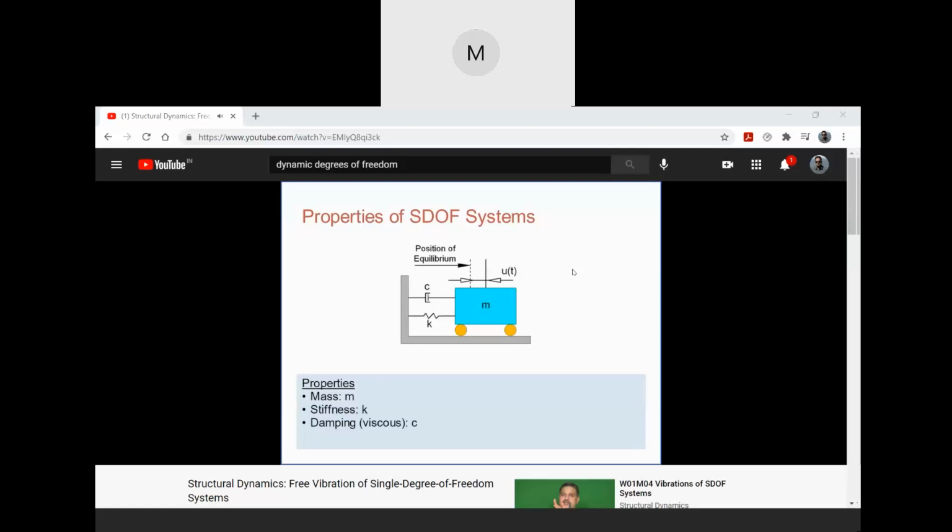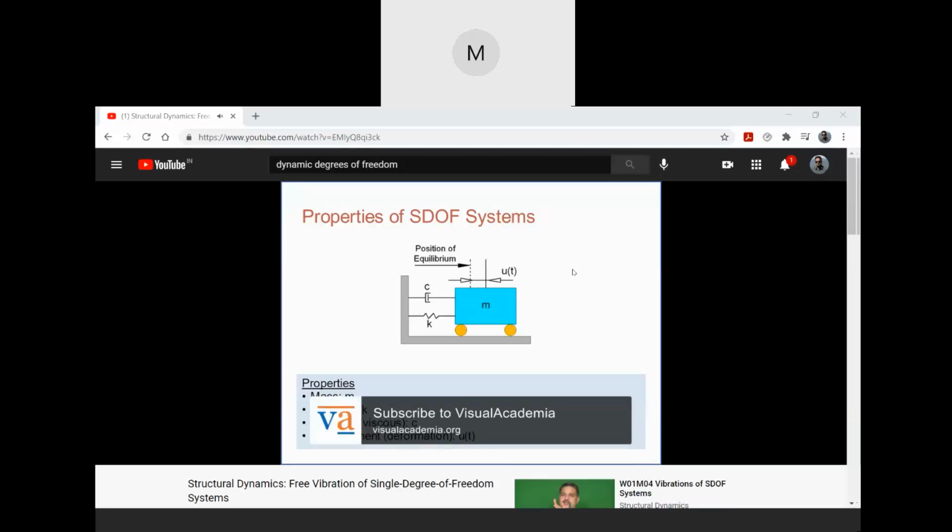The position of equilibrium of the car is the position at which the elongation of the spring is 0. The difference between the position of the car and the position of equilibrium is called the displacement, denoted as U. In this course, we sometimes use the term deformation interchangeably with the term displacement, for reasons that we are going to explain later when we examine earthquake excitation.